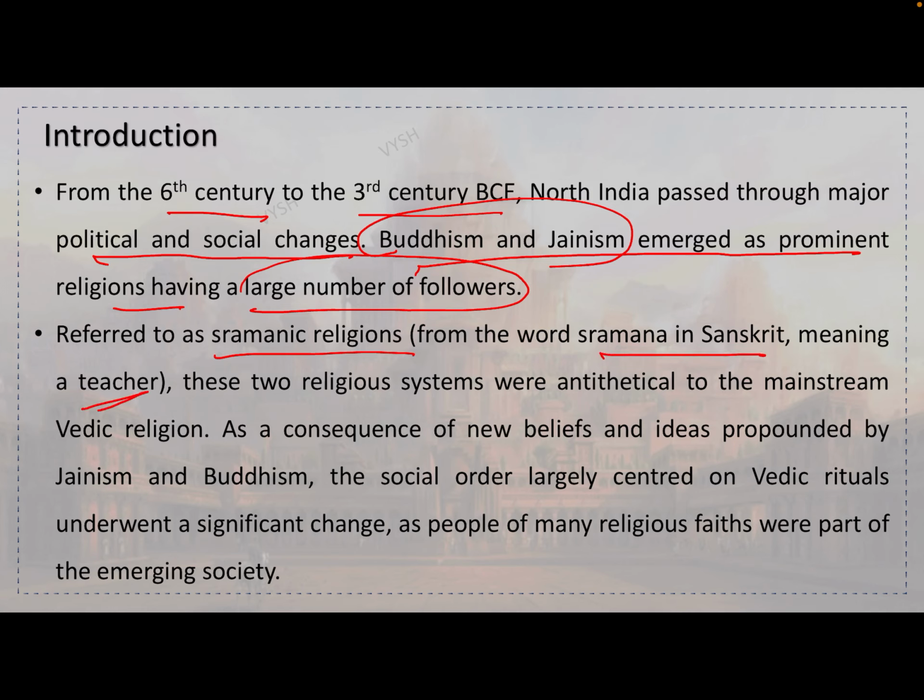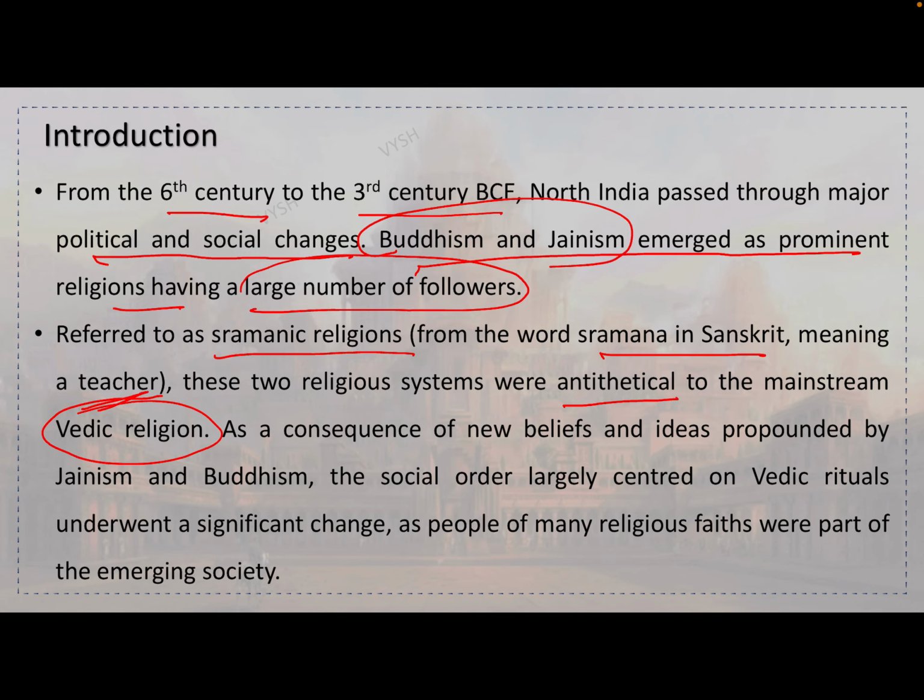These two religious systems were antithetical to the mainstream Vedic religion. As we have read previously, these were opposing the Vedic religion. The Vedic religion had sacrificial rituals and all that, and Buddhism and Jainism were against it.